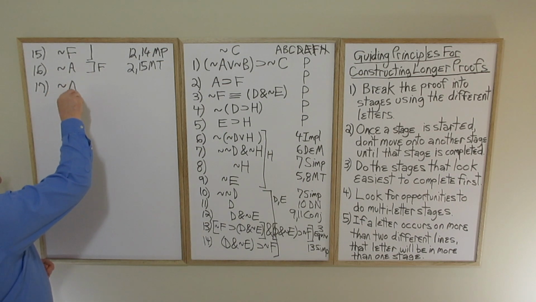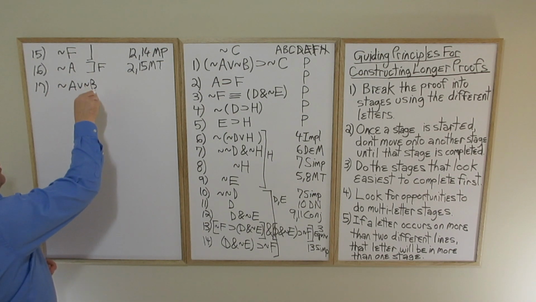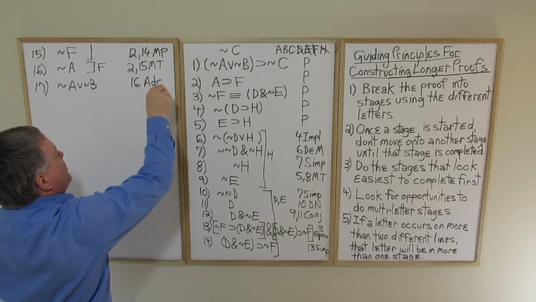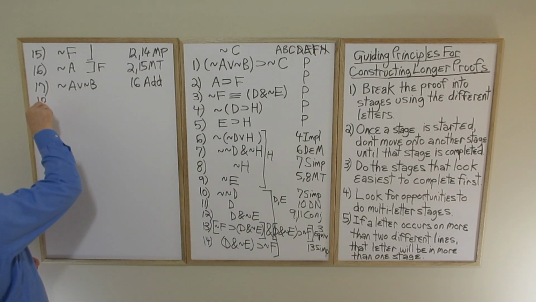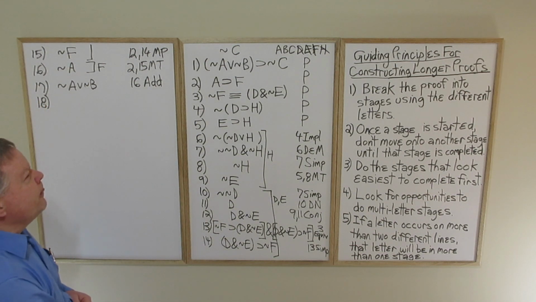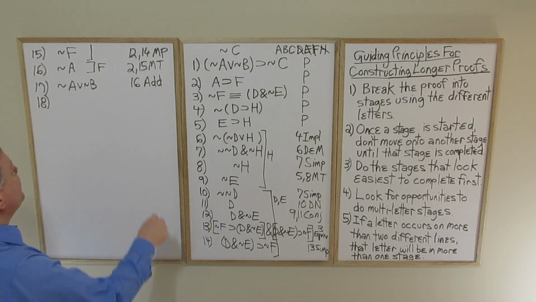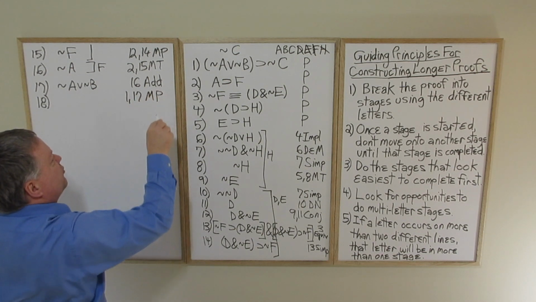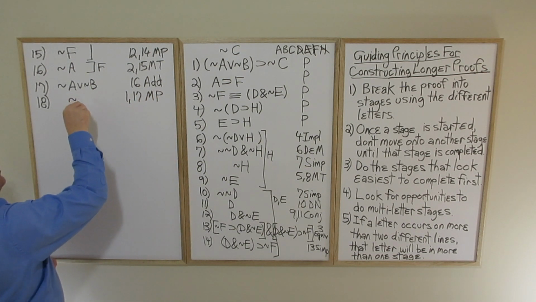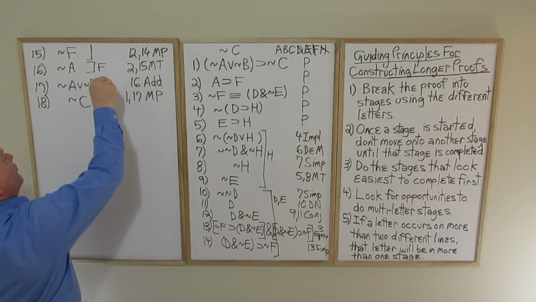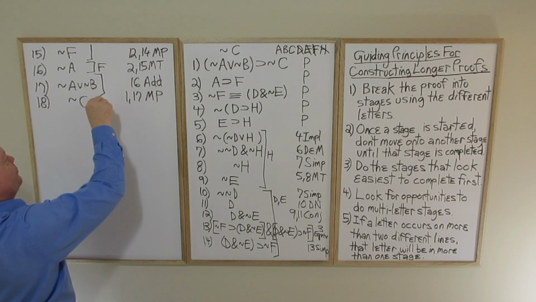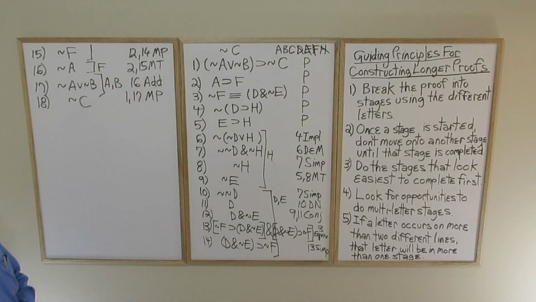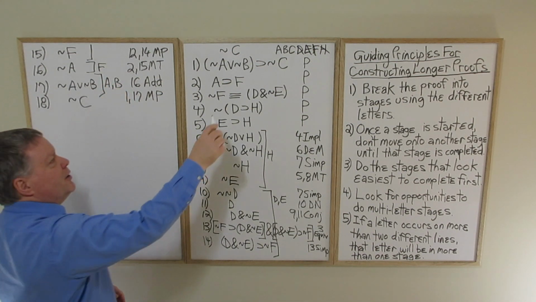So this is just 16 addition. Now 1, 17 modus ponens will give us tilde C, so that this is our A and B stage.